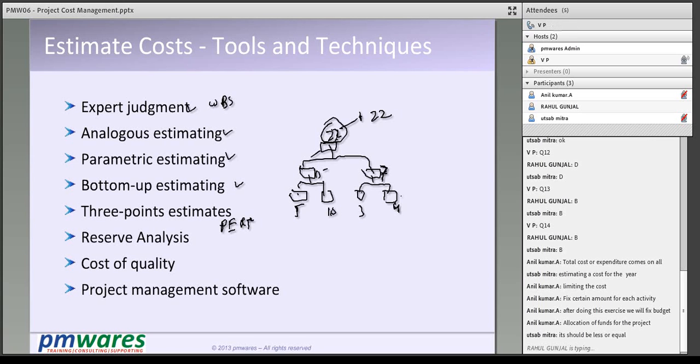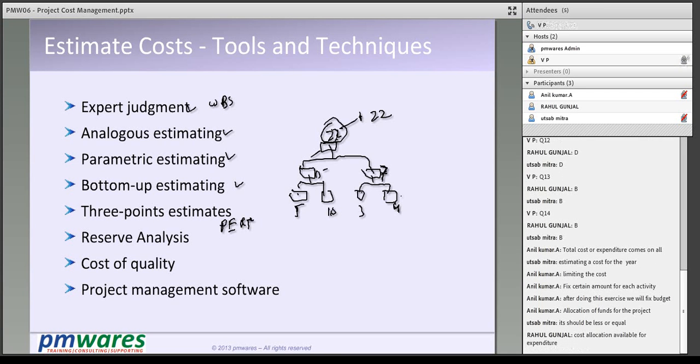The financial people come from the mindset that okay, let's reduce the expenses. The cost allocation available for expenditure. What will be available? This 22 only, right? This only is available for expenditure, isn't it? Or more or less?